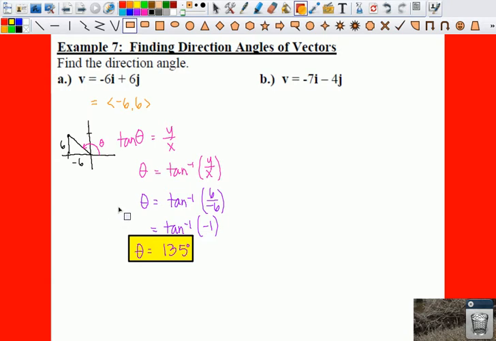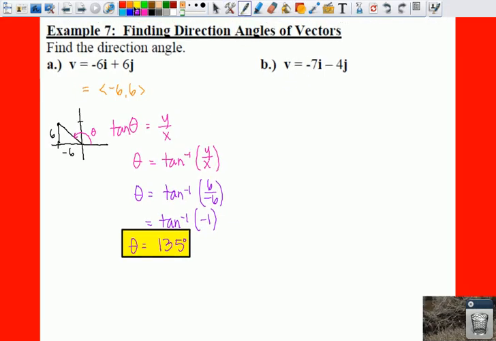Now let's look at B. For B, we have the ordered pair negative 7, negative 4. So what quadrant would we be in? You're right, we would be in quadrant 4. So we're going to draw a triangle in quadrant 4. Haha, I so lied.